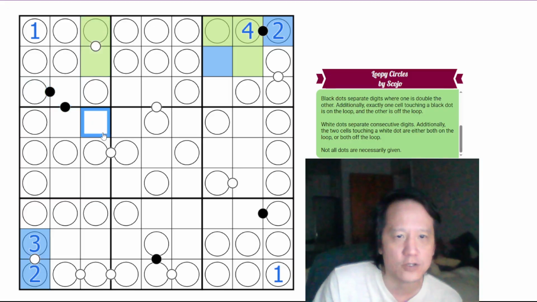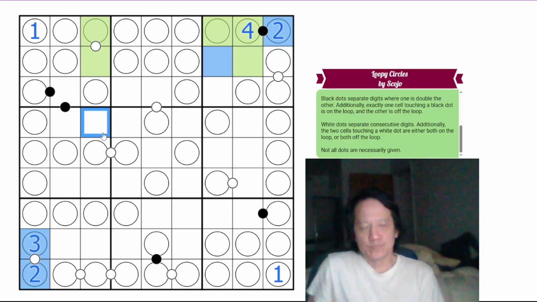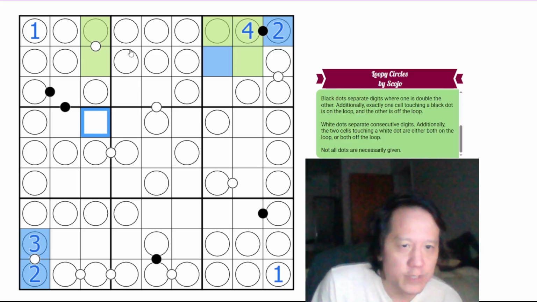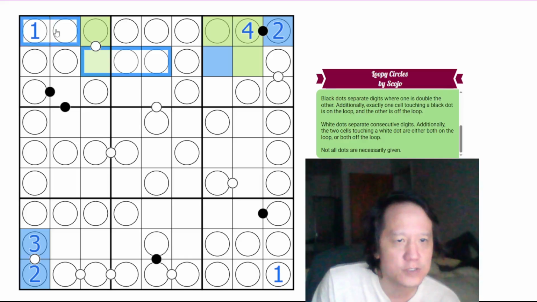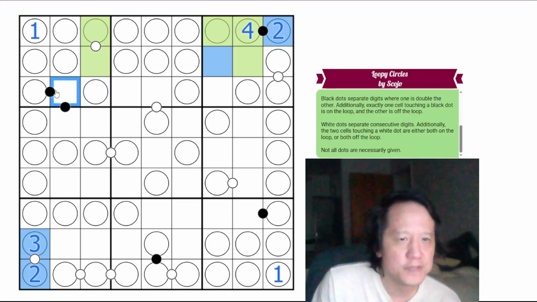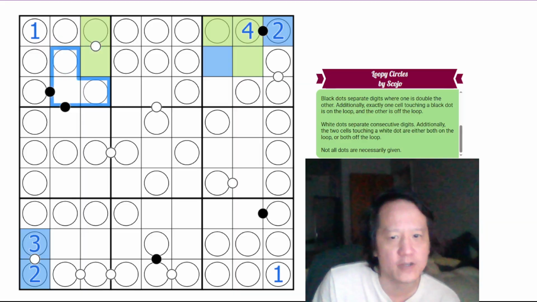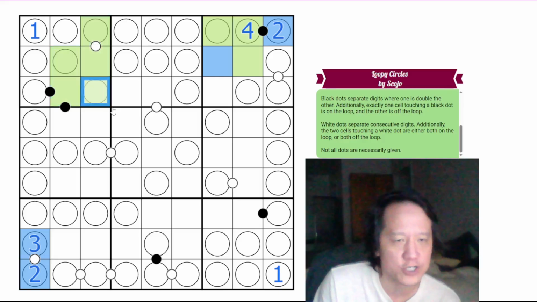So this is on the loop here, which means it either goes this way, which it could. This is only on the loop if it connects this way. But the problem is, if this is on the loop, it would have to connect here, but then this would be considered branching, which is not allowed, or touching itself.